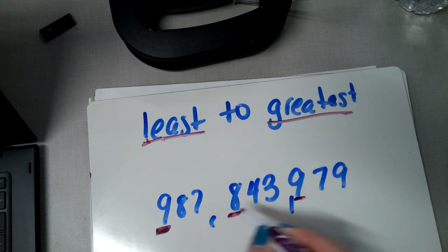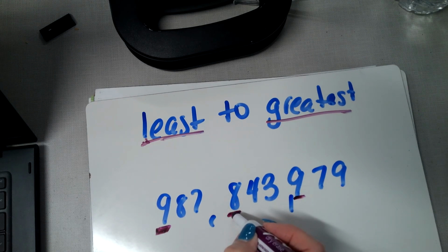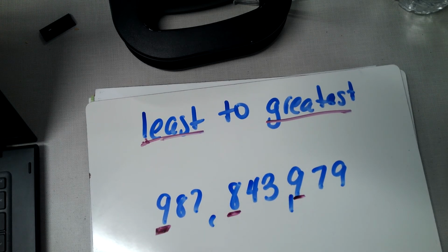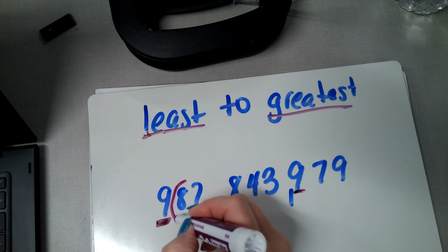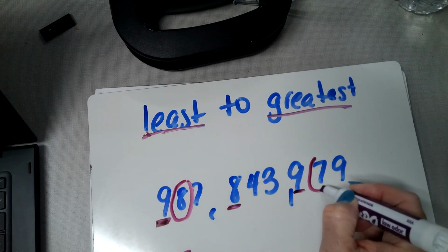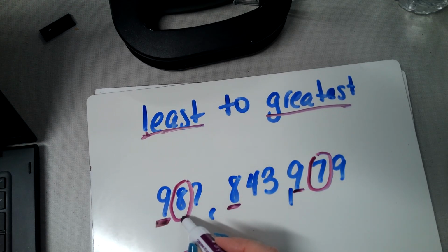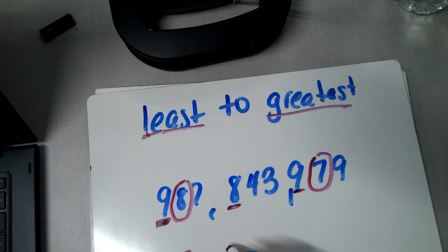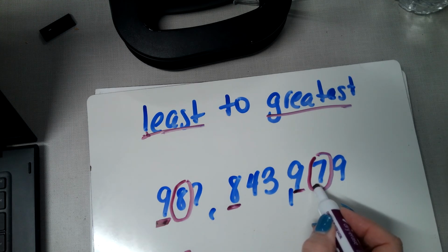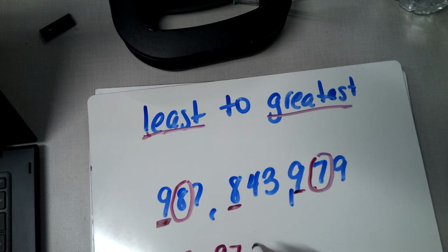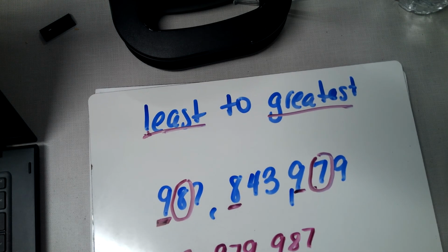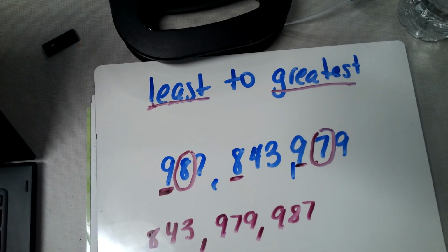I know 800 is less than 900, so 843 is going to go first. But then they're both 900. So to compare these, I'm going to have to look at their tens place. Well, 8 tens is bigger than 7 tens, so my next number, if it's going with least, is going to be 979 and then 987. So these numbers are in order from the least to the greatest.